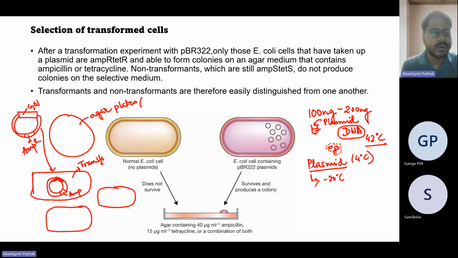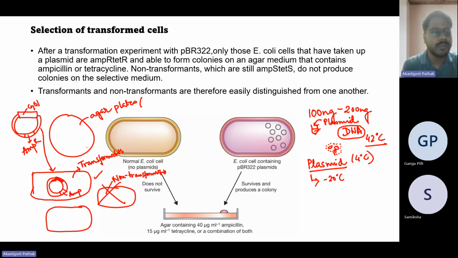Transformants are the bacteria which have taken up your recombinant plasmid. And these are non-transformants, those bacteria which have not taken up the plasmid. You want to specifically select the transformants, and you do not want the non-transformants.